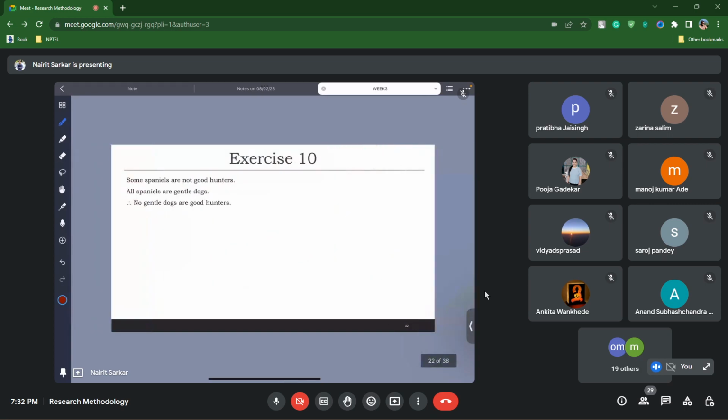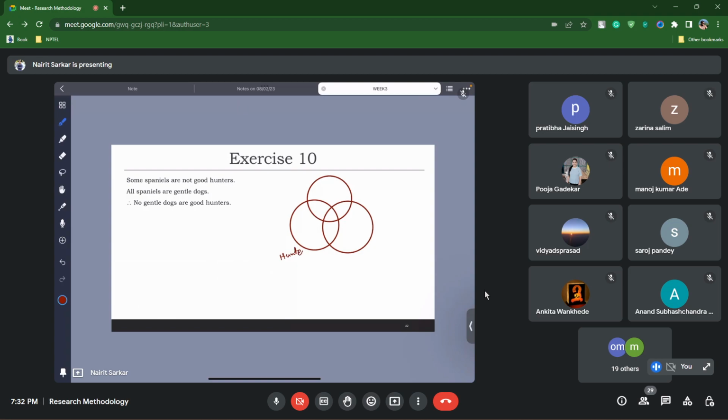Then I think it is simple, but you have to follow the rules. First, tell me which rule we have to use here first. Let's draw three overlapping circles. Gentle dogs are good hunters.